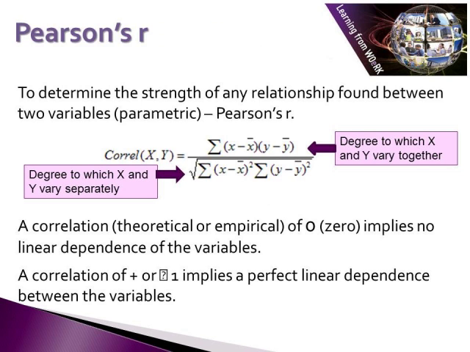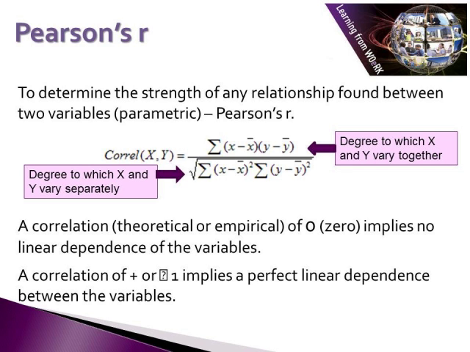Now, to explore the strength of any relationship we have found between two variables, we use what we call a correlation coefficient. Okay, a correlation coefficient allows us to summarize the relationship between two variables. In the case of parametric data, the correlation coefficient that we use is Pearson's R, or its full name is the Pearson's product moment correlation.